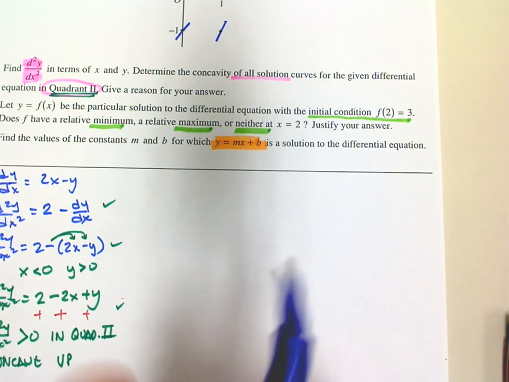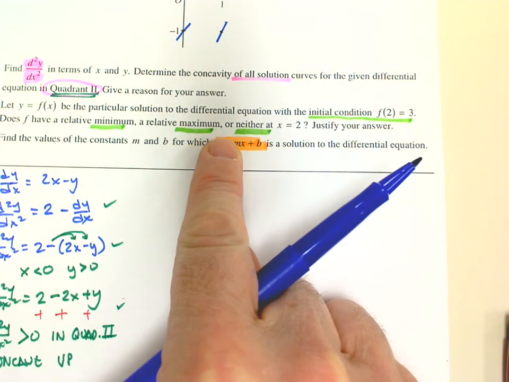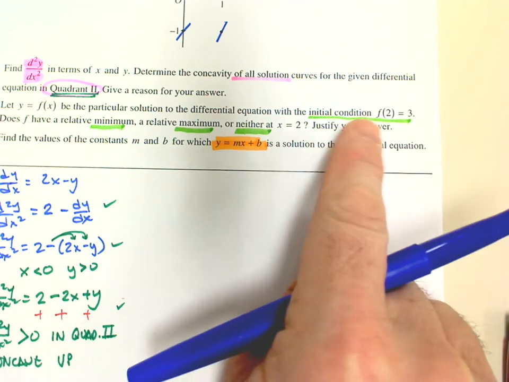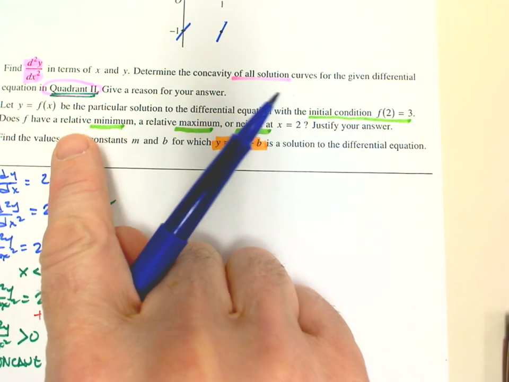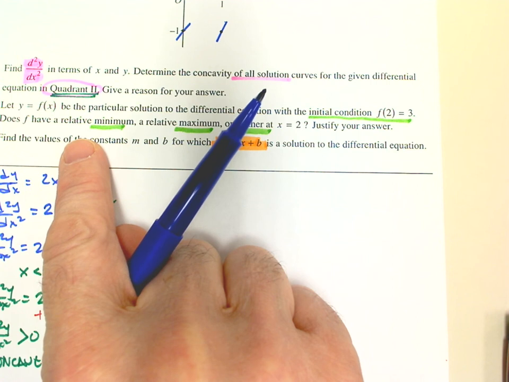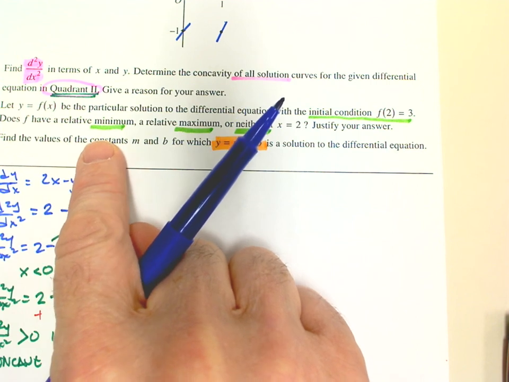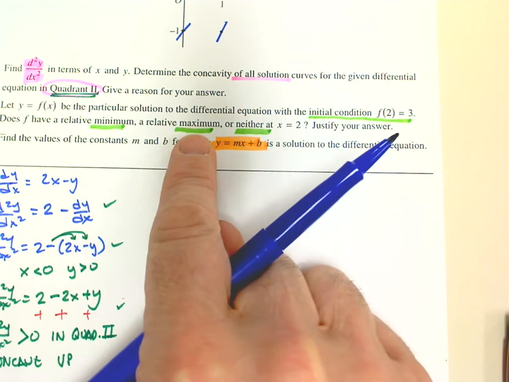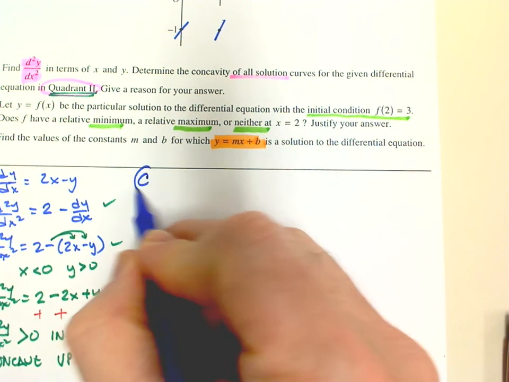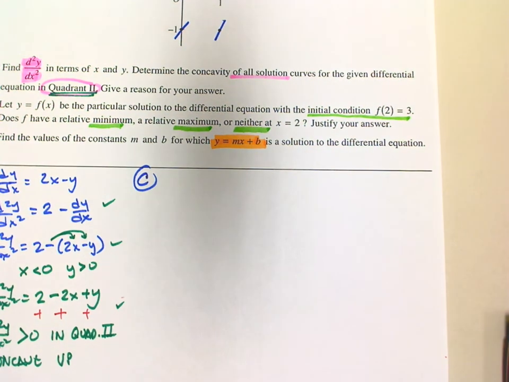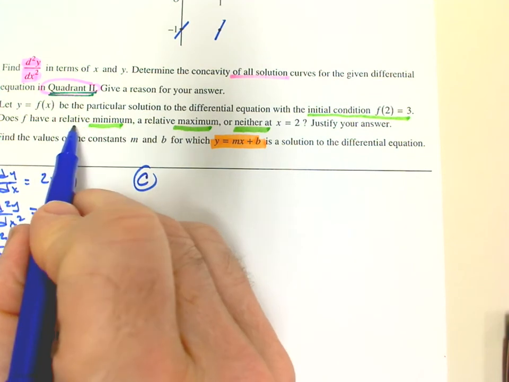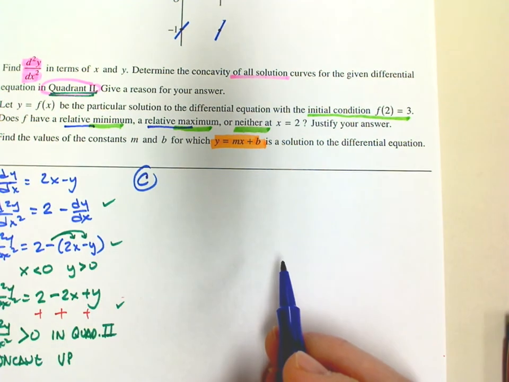Next, it asks us to let f of x be the particular solution to this differential equation with an initial condition, and does this result in a relative min or max? So again, it's checking our understanding of these terms, relative min, relative max.